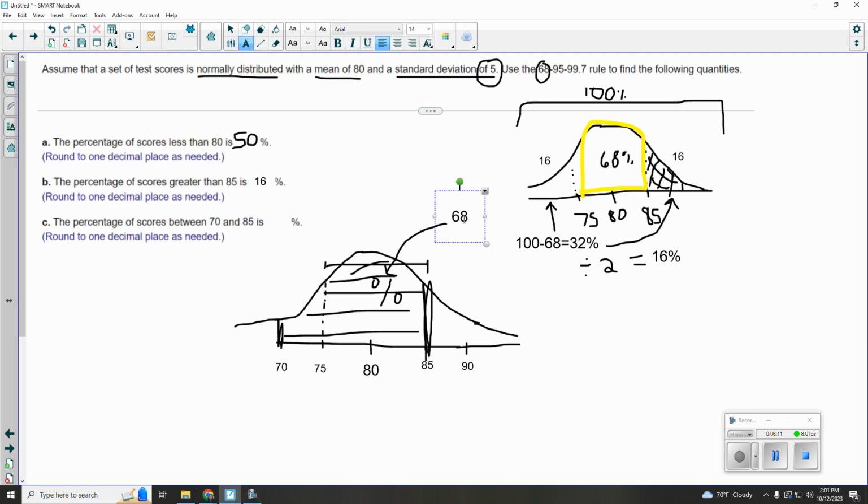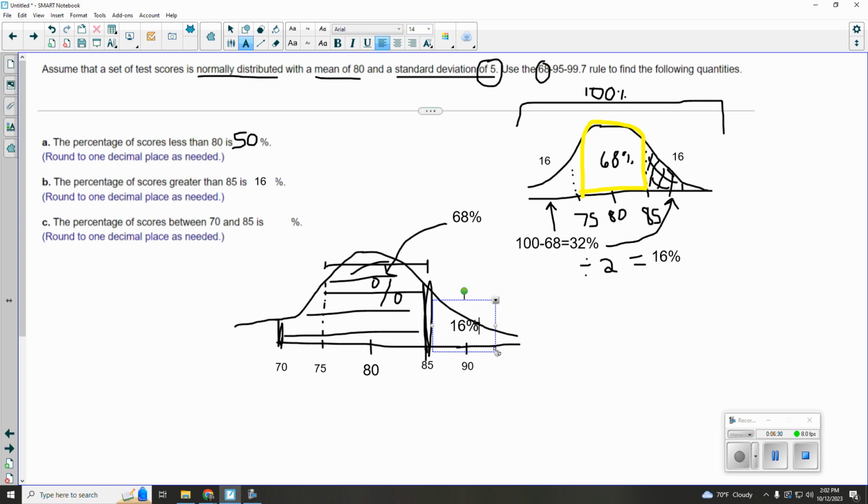Okay, so this is 68%. Now, if that's 68%, then we know that this piece is 16%. Okay, this may or may not help us, but we'll go ahead and mark that.